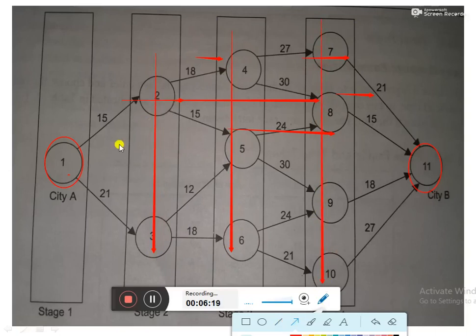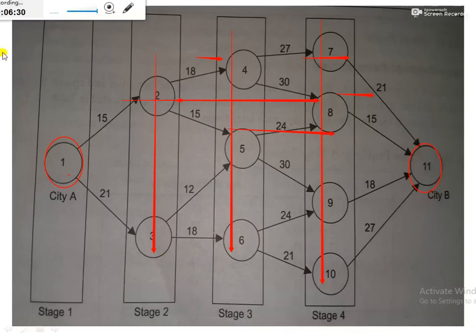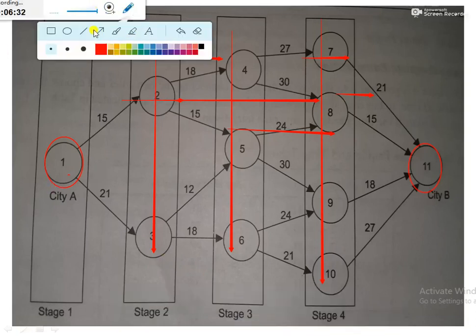So we can say that the traveler can start from city A and can go to point 2 or point 3. If he starts from city A, he may choose to go to point 2 or to point 3.